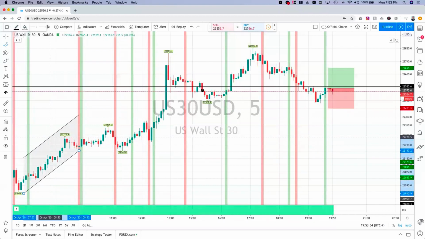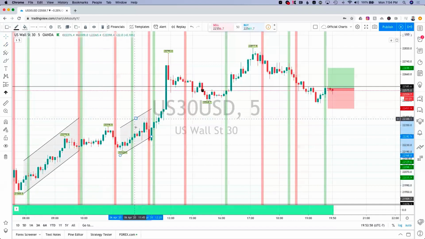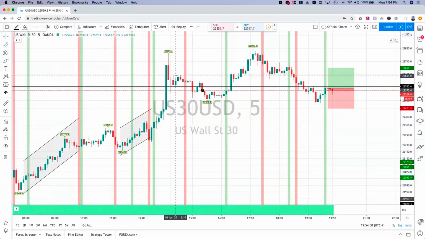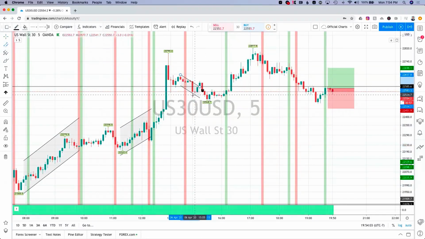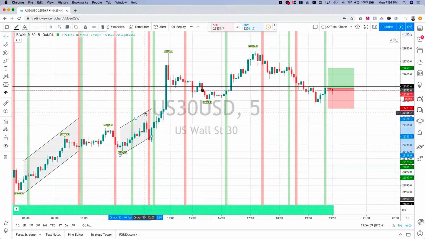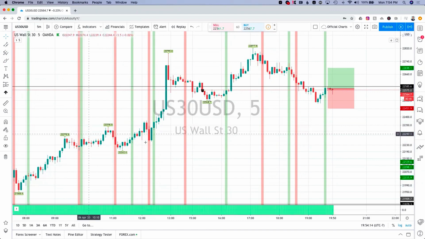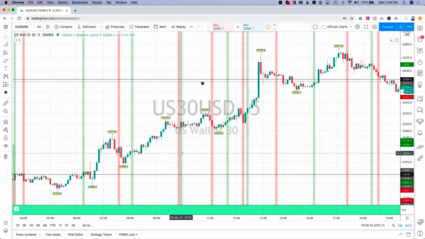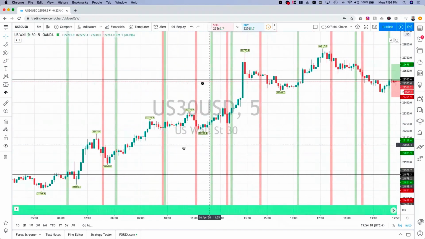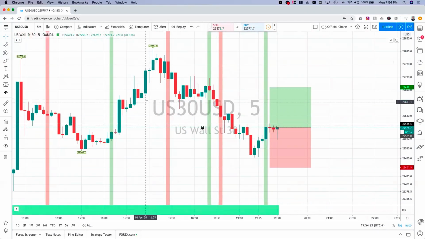This is a bullish movement, obviously. This is a bullish movement. This is a bearish movement. So there's not really a specific way to identify if it's a bullish or bearish move, because what I see as a bearish move might not seem like a bearish move to you. It just depends on how you interpret the charts. But if there's multiple bullish candles, then you could identify that as a bullish move.